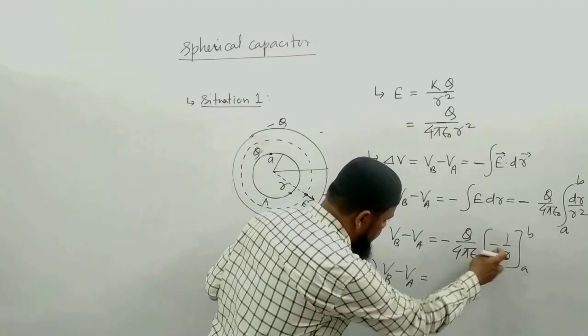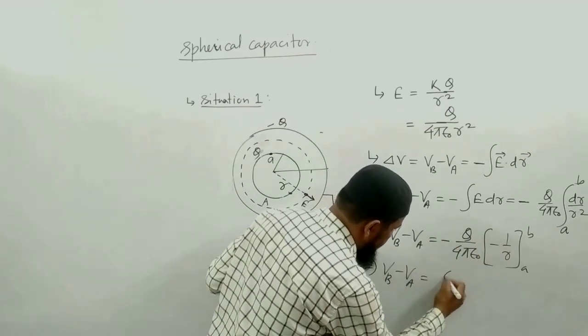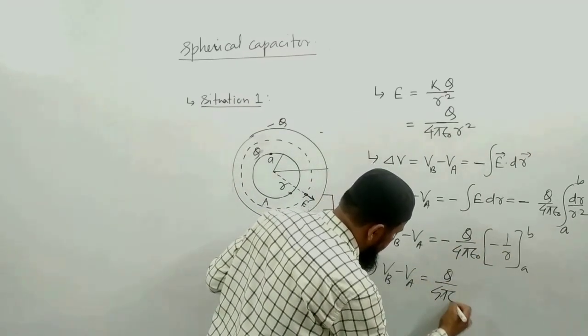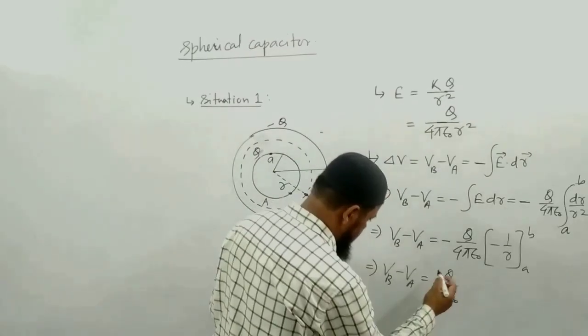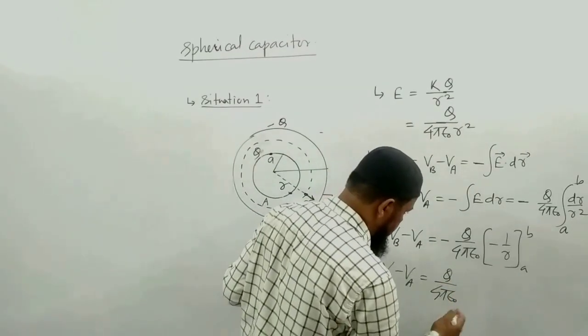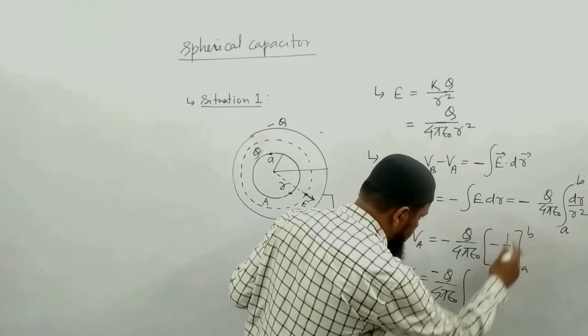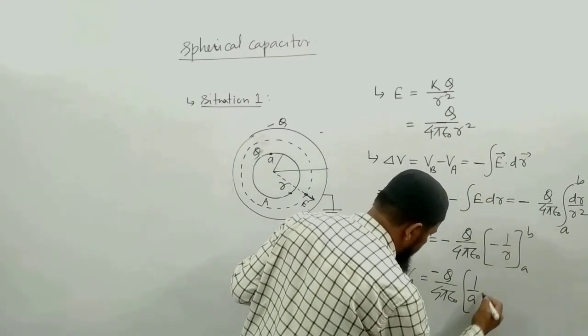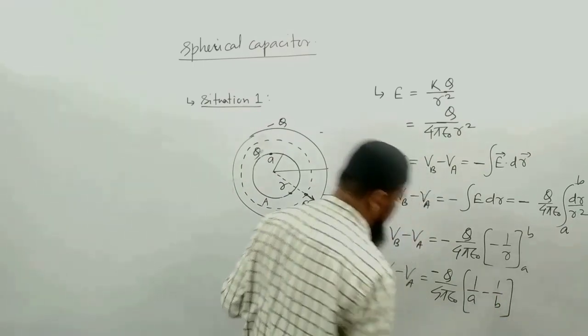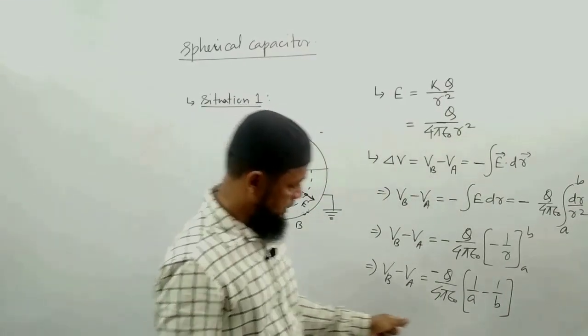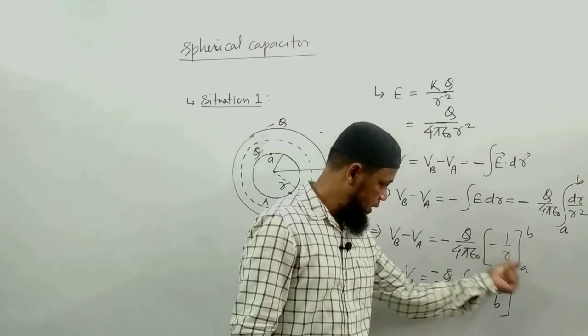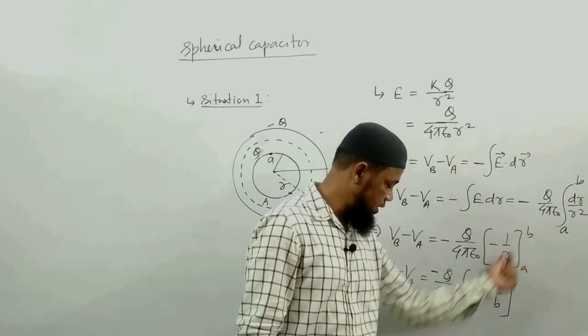VB minus VA, let me take out the minus sign. I can keep the minus sign here: 1 by A minus 1 by B. Because of the minus sign, I'm putting the lower limit first.